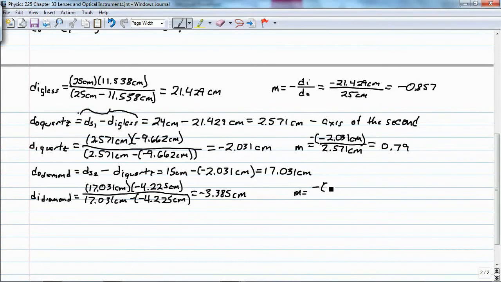So, negative of the negative, so it's negative 3.385 centimeters divided by the 17.031 centimeters, and that gives us a total of 0.199.